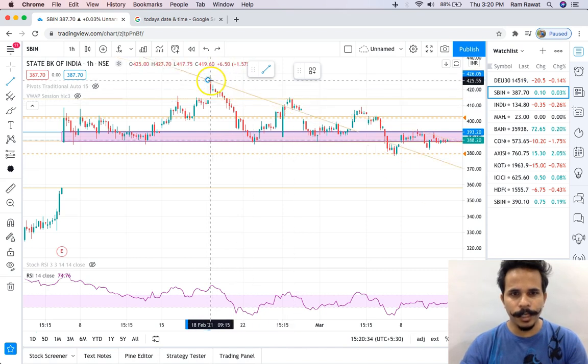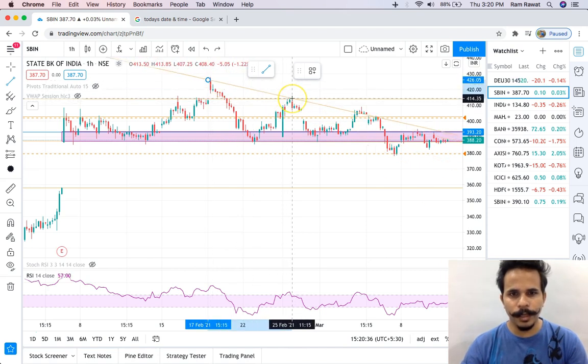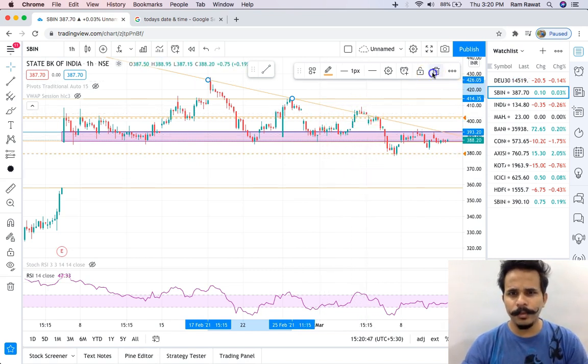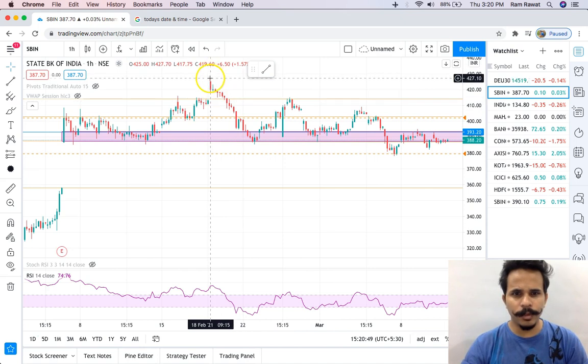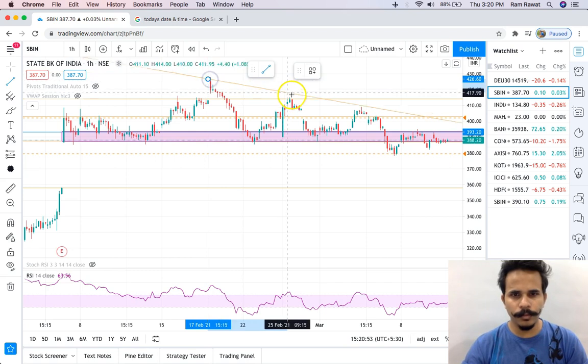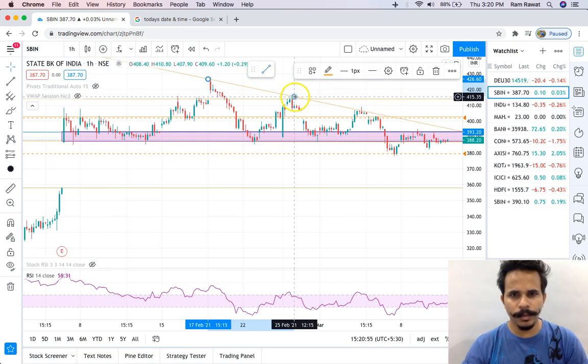Then it got rejected at this level, and then again there is one more rejection of the price. The resistance is there, and you see the resistance is here also. Something like this.